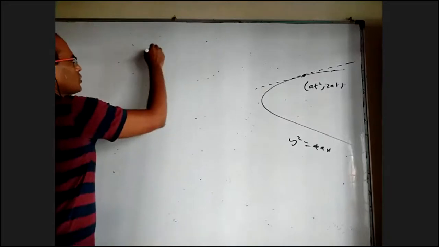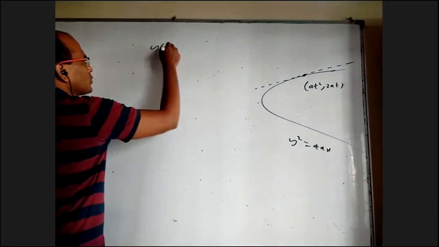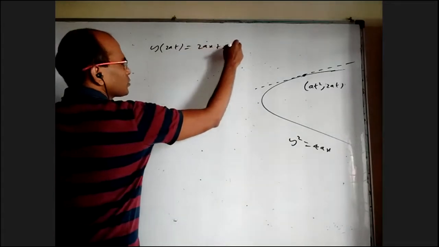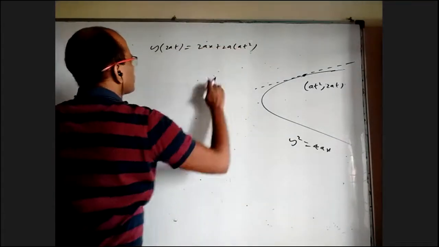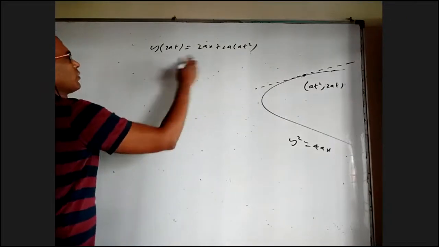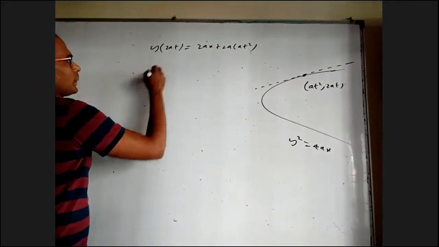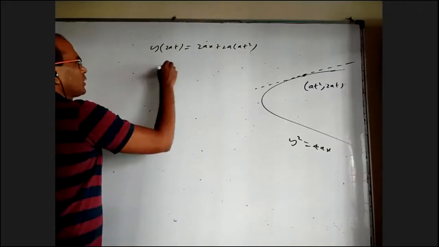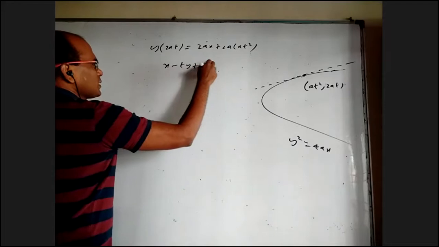If you do S1 = 0, y into another y, you write 2at; 4ax, you can write 2ax plus 2ax, and for x you write at². You can cancel 2a everywhere.